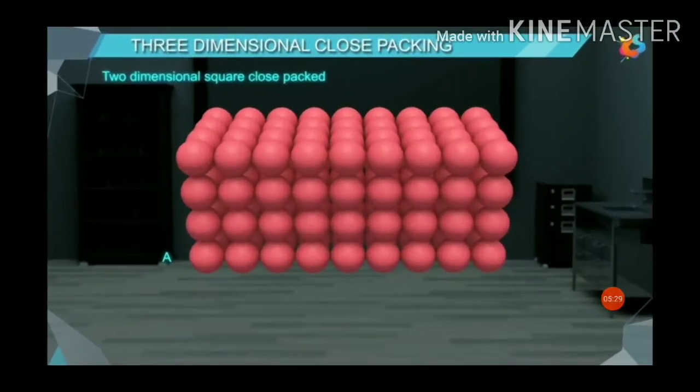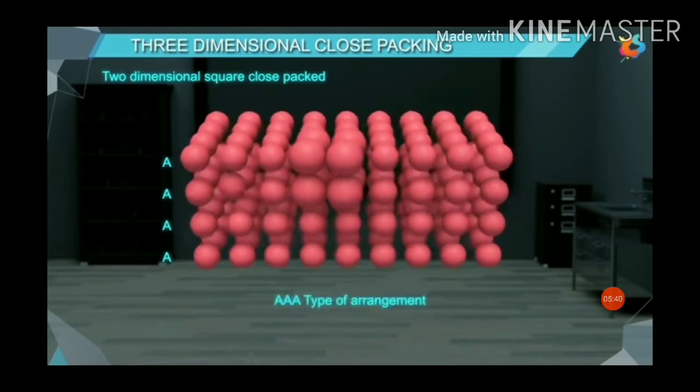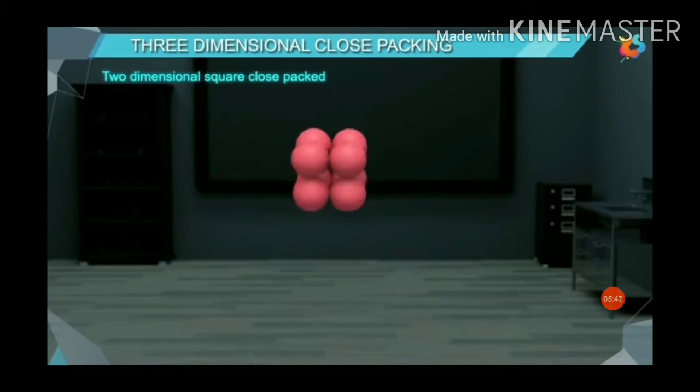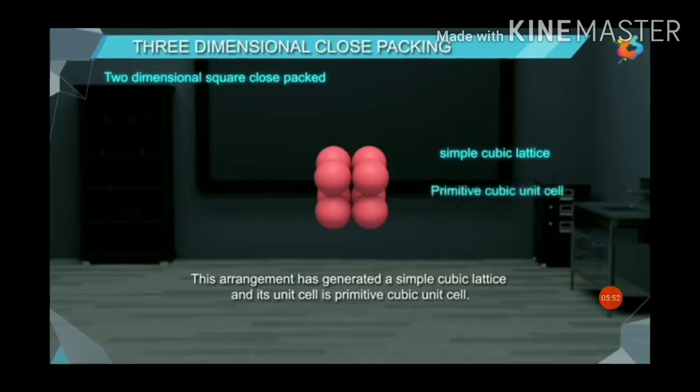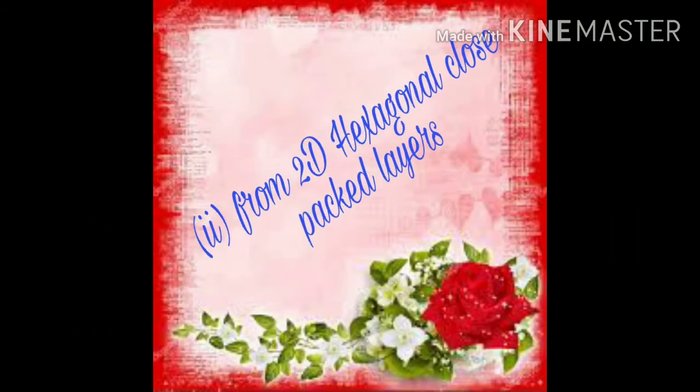Then we get all layers similar, hence this type of packing is known as AAA etc. type of packing. The lattice thus generated is the simple cubic lattice and its unit cell is the primitive cubic unit cell. So, this is the 3-dimensional close packing from 2-dimensional square close packed layers.